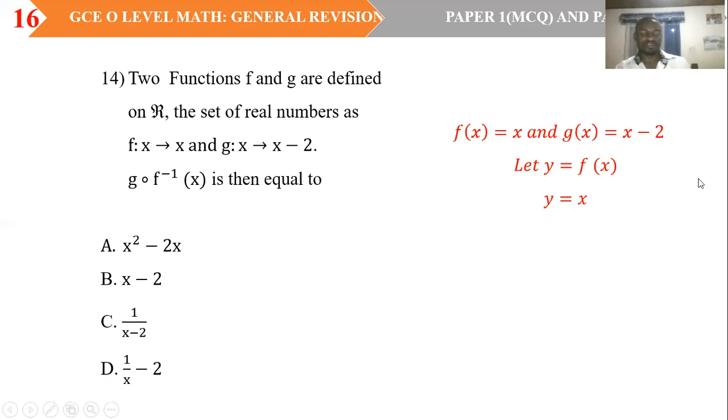Since f of x is x, y, making x the subject, x is just y, which gives the inverse of x as to be equal to the same function. And since f inverse of x is x, we write g and we find g of f inverse of x, and we replace f inverse of x by x, giving us x minus 2. Answer, x minus 2.